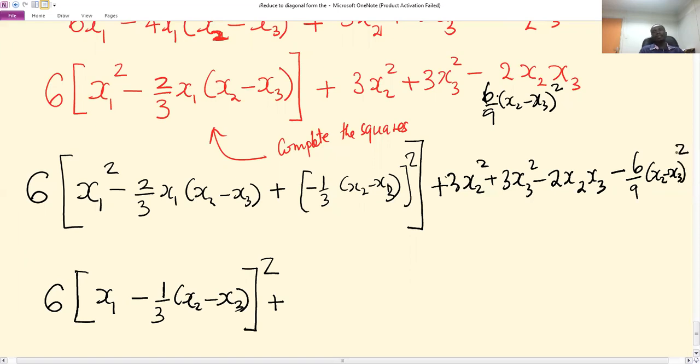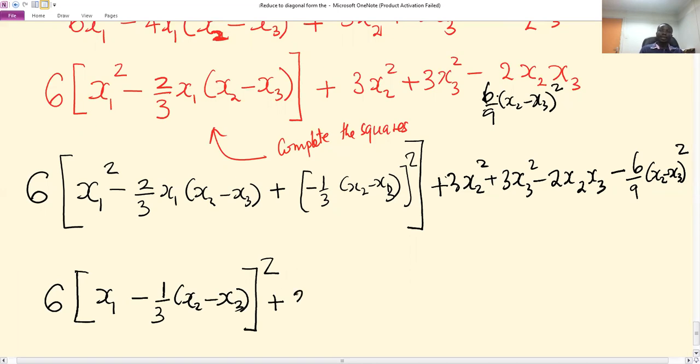You should check that when you open the brackets here, you'll see that this term and this term here will be canceling out, and then you remain with the original expression. So that's why you have to remove this term, because it is a foreign term. If you don't subtract, then it will be changing the original expression.